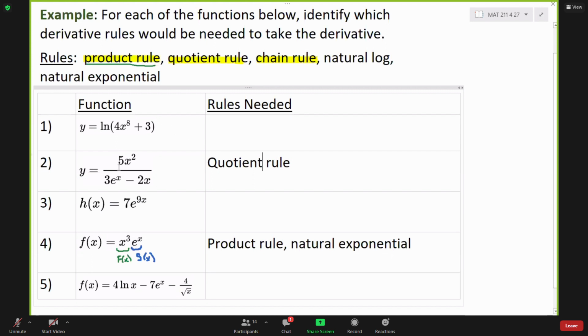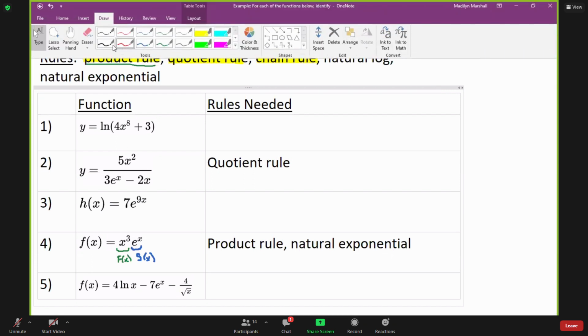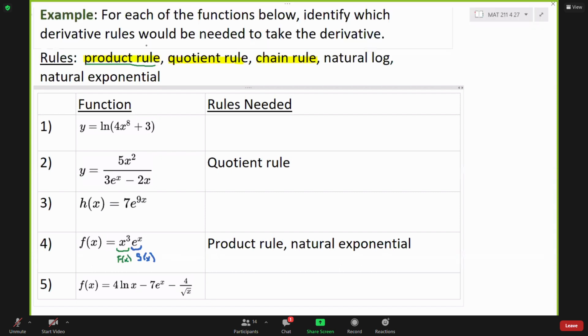Here we have this whole 5x squared on top and this whole 3e to the x minus 2x on the bottom. Those two separately are their own functions with x's in them. So this would be a quotient rule situation where we have our top and our bottom.